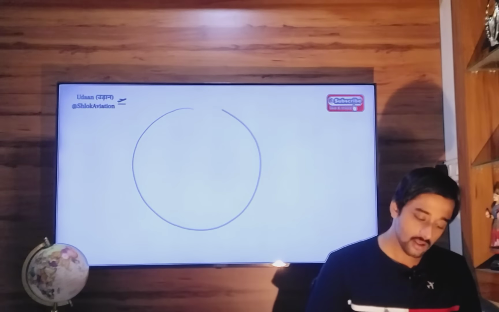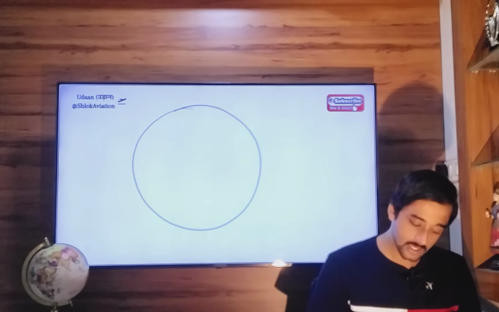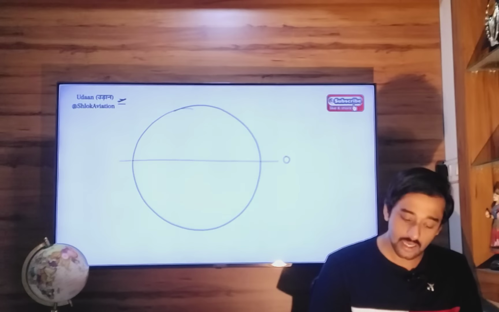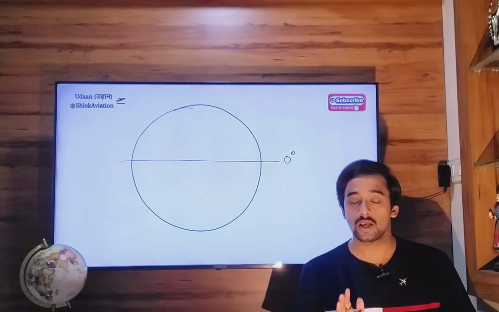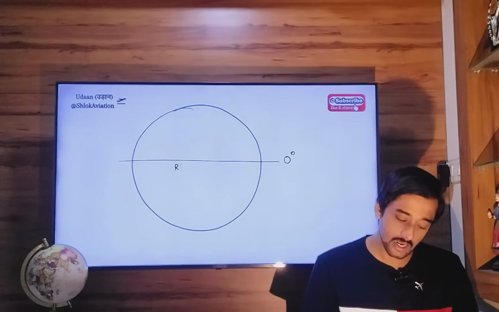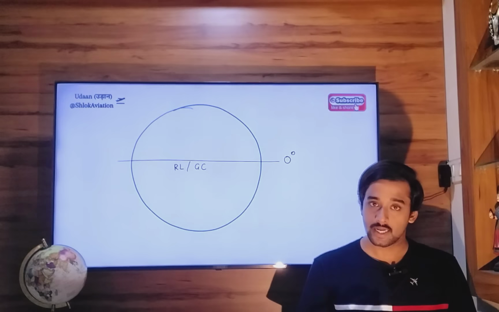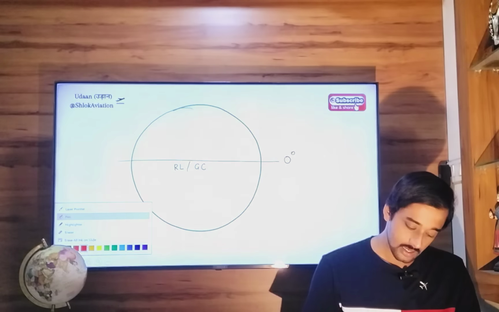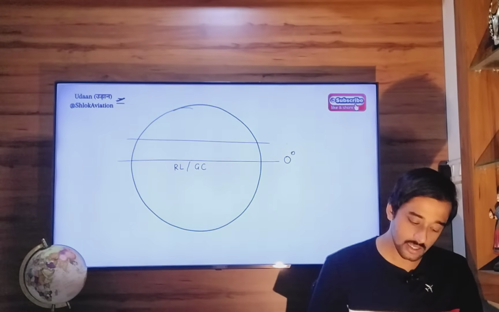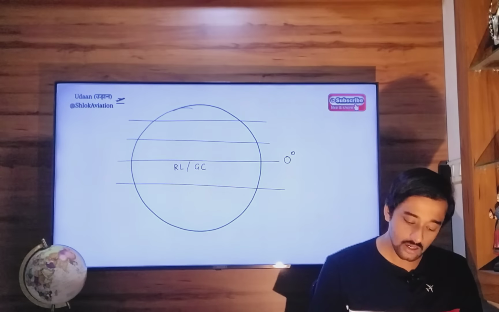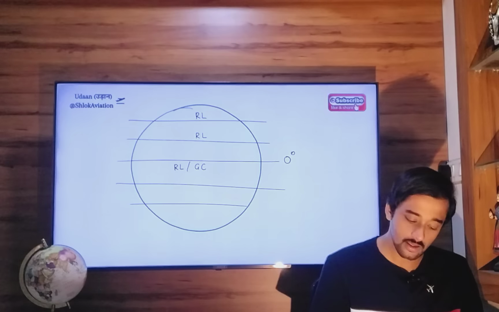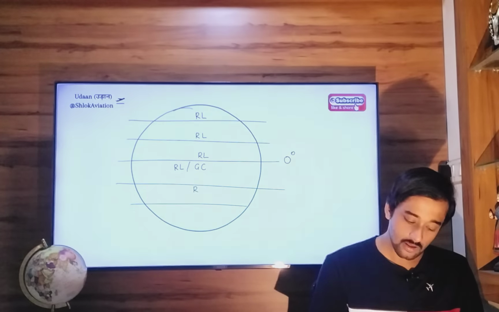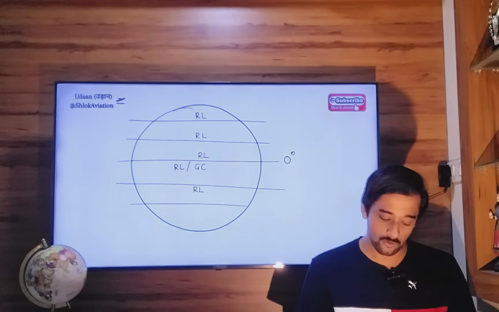Now let's consider this is your Earth's surface. Okay, this is your equator, 0 degree. Now this equator is a unique case, as in it is both a rumline and a great circle. All other latitudes, in the north and in the south, are only rumlines because they run in a fixed direction, either east or west.